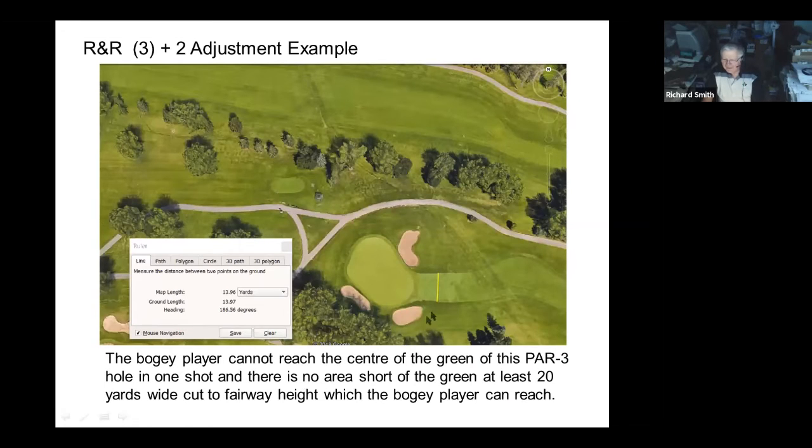Here's one that's narrower. It's on the same golf course, but a different par 3 hole. Here, the mowed part is only about 14 yards wide. So that would qualify this as a par 3 adjustment of +2.